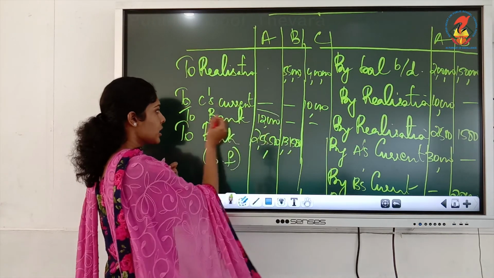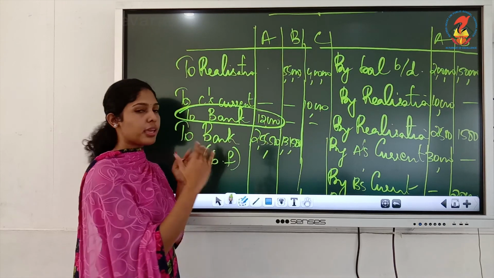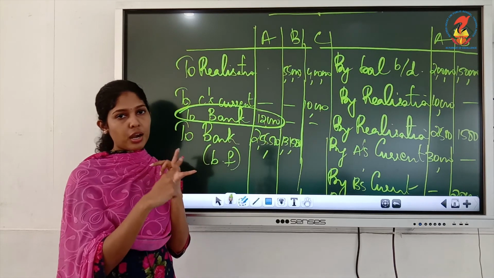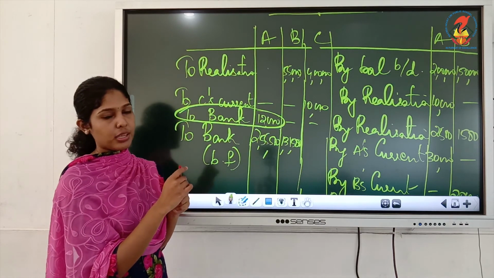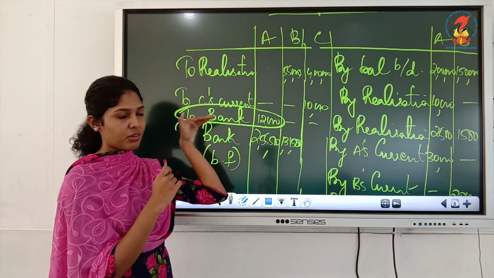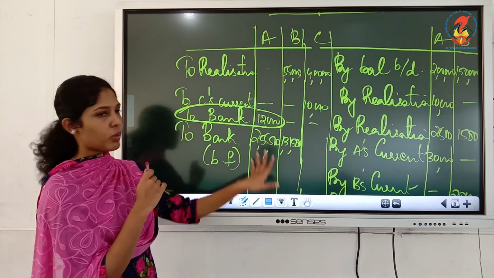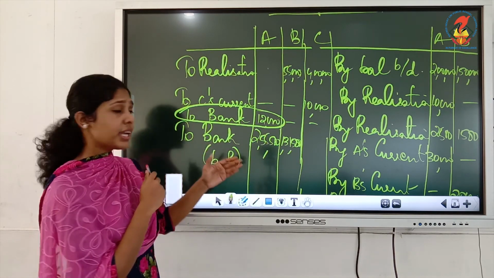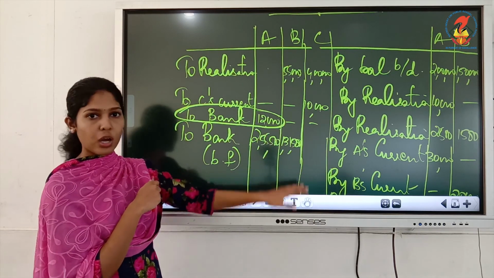You must write this. It is not written anywhere in previous accounts actually, because it is not appearing in realization account. Understood? So it is A's capital debtor to cash or bank. It's not there in realization and current account, but it should come here. That you must remember. I didn't include it there. You just add it there to bank 12,000. You can identify the mistake actually, because when you do, bank account will not tally.